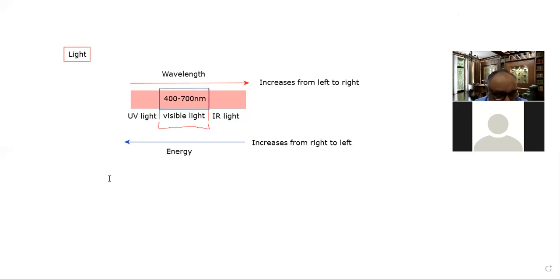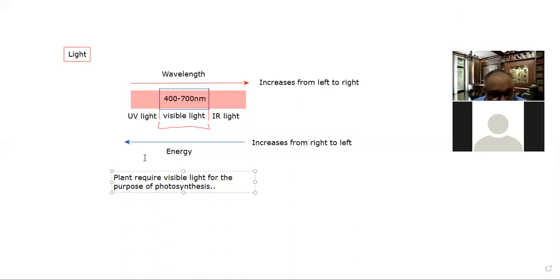This is an important point. So plants require visible light for the purpose of photosynthesis.